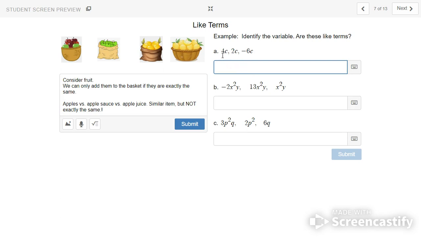Let's look at this. I have 4c, 2c, negative 6c. What's the variable that we have? Just c. Are these like terms? Yes, they're like terms. The coefficients don't matter, but the variables are all the same.